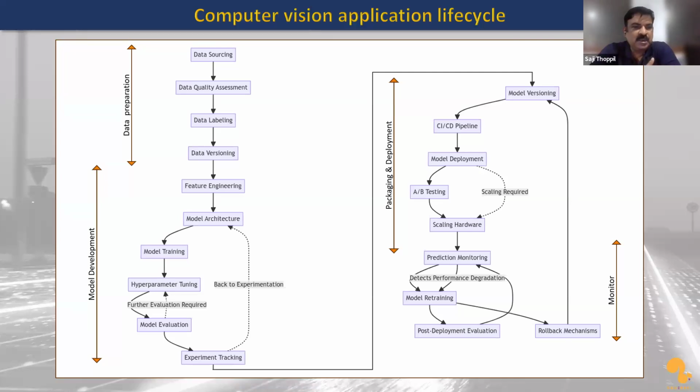So that is a cycle. You test out a model, and you evaluate it against the various KPIs. We call these experiments. You keep doing these experiments, and at one point of time, you have a satisfactory model, and you are able to take it forward.